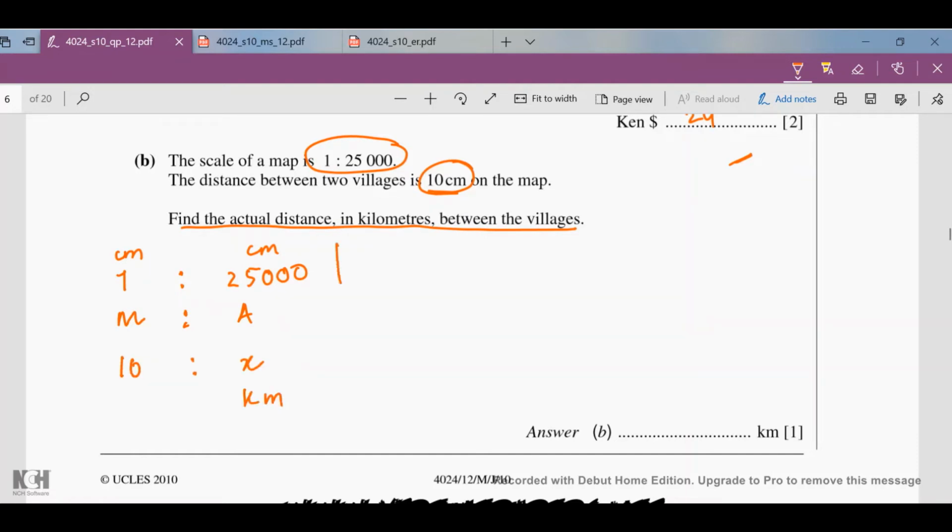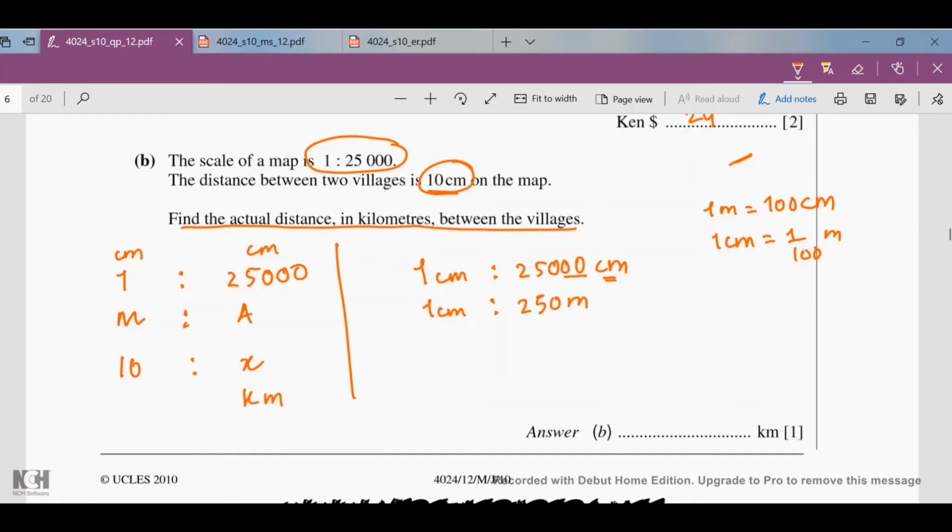What you can do here, 1 centimeter, I'm also writing this is in centimeter. 1 meter is equals to 100 centimeters. So when I want to convert this into meter, I will write divided by 100. So 1 centimeter, this divided by 100 means I will write 250 and this is in meter.